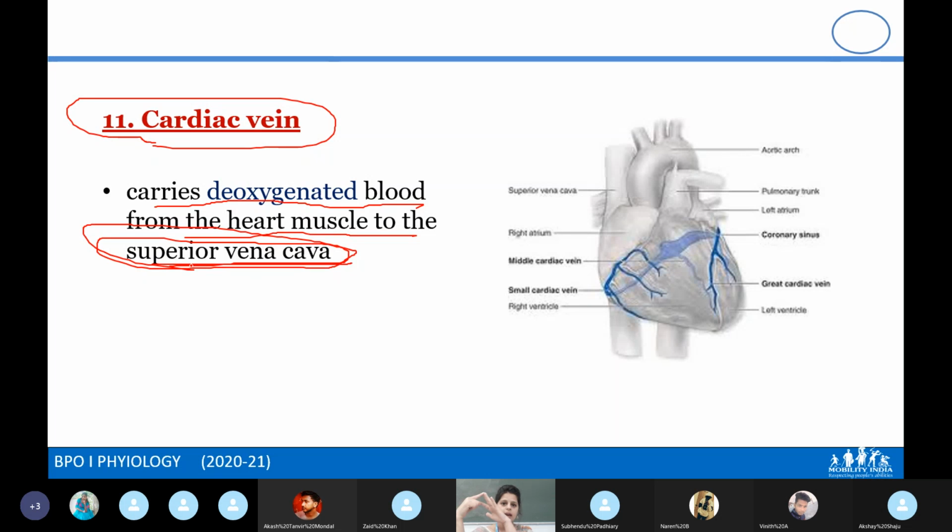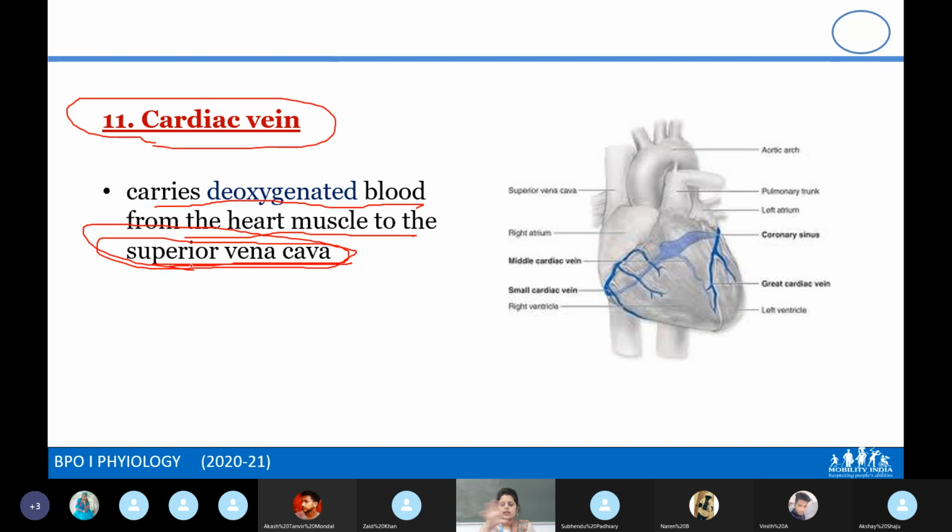From there the blood is carried back by the cephalic and basilic veins, and those veins will join the subclavian vein, and this vein will carry blood back to the superior vena cava.